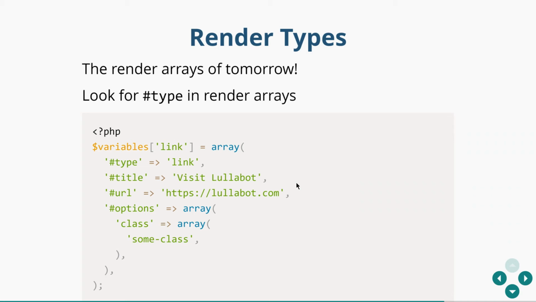So, render types. So render arrays above the Twig layer are almost all going to be rendered by Twig. They still look a lot like they did in Drupal 7, but like 99% of them are going to correspond to a Twig file.